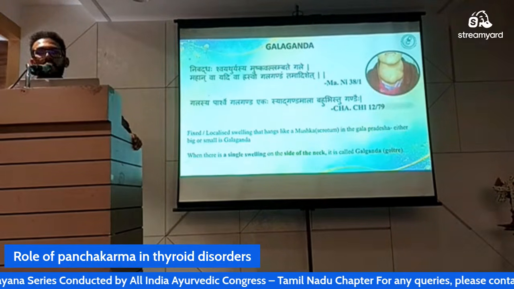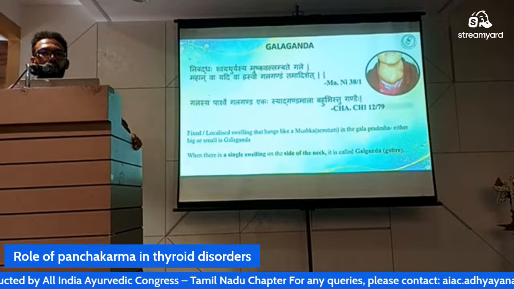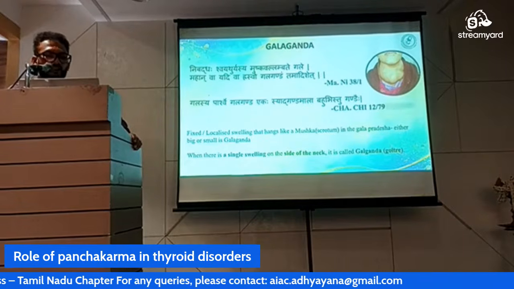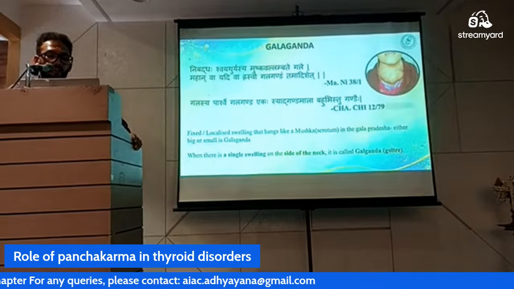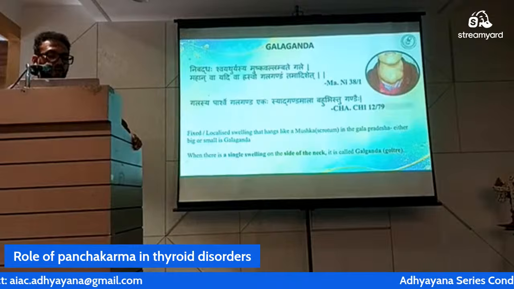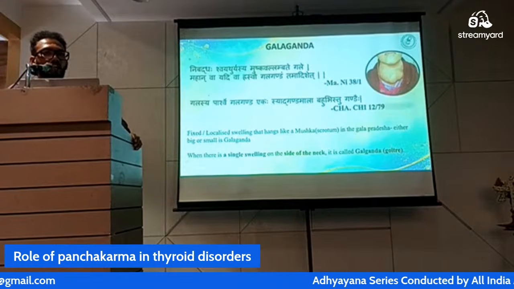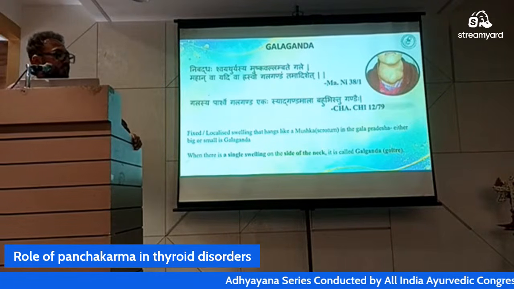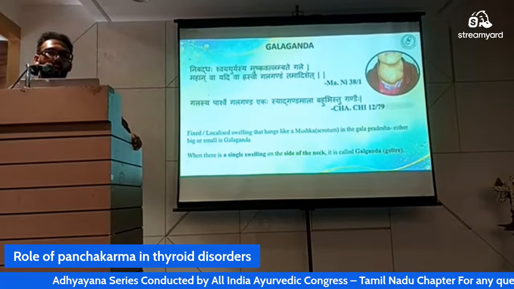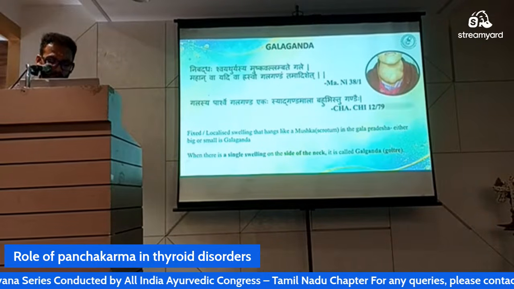Similarly, Acharya Charaka in Shotha Chikitsa, 12th chapter, has said: Galasya Pashve Galagandaekaha, Syat Gandamala Bhavishcha Gandai. So first, the Acharya has told that it is a swelling present in the Gala region, looking like a scrotum, which could be correlated to goiter, rather than hyperthyroidism or hypothyroidism.